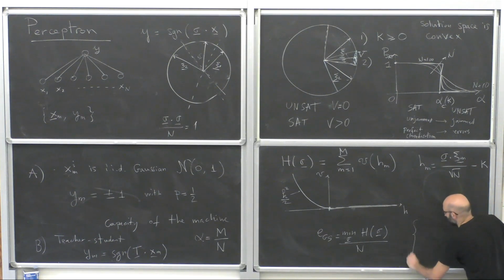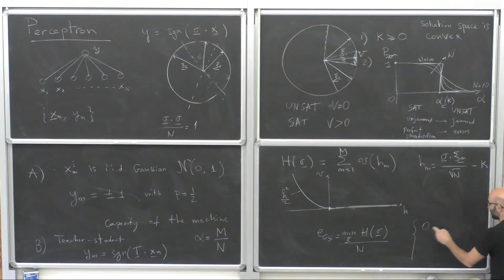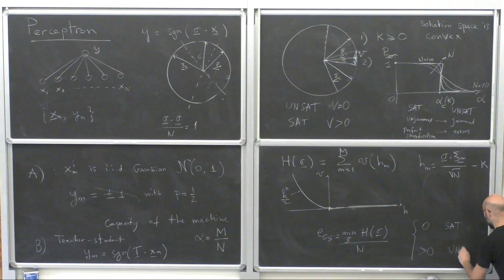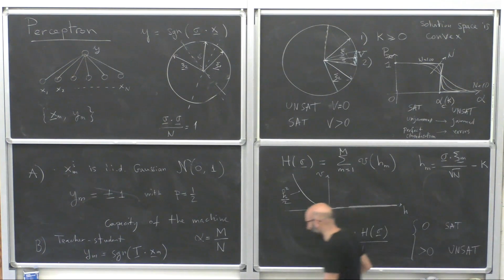If the ground state energy is at 0, I am in the SAT phase. If the ground state energy is positive, I am in the unsat phase. Okay? I think I was answering some question.